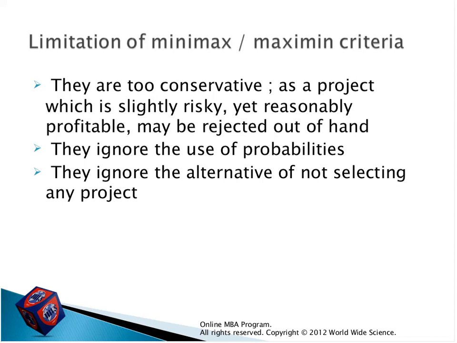If you want to screen between your projects, which brings the maximum profits or the minimum cost, then you can use these criteria just to see which project costs more than the rest, or which project brings the highest profit. So this is for screening only.